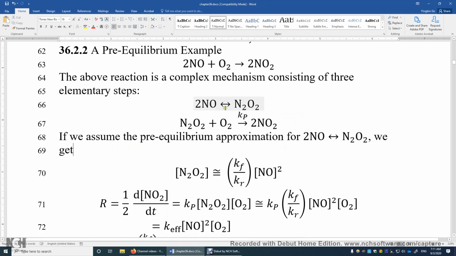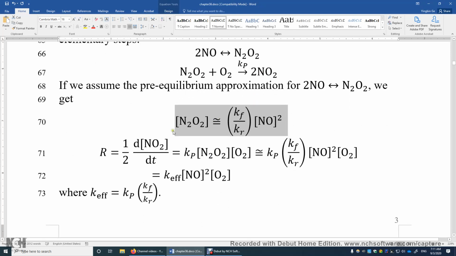Now let's assume the so-called pre-equilibrium approximation. Again, we're assuming the forward and reverse steps are much faster than the third step. And then we have this equation here, assuming NO and N2O2 are always at equilibrium. And then finally, we can write out the reaction rate. It's going to be dNO2 over dt, which is how fast the product NO2 is produced.